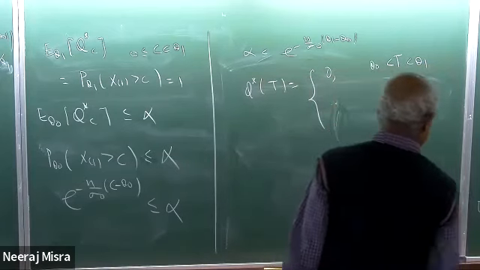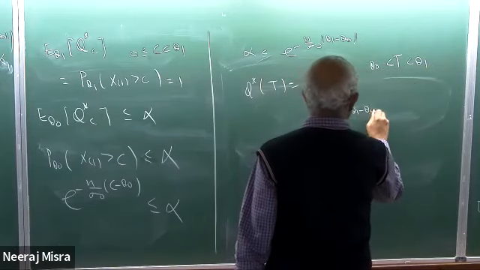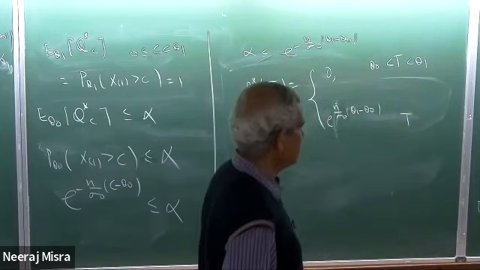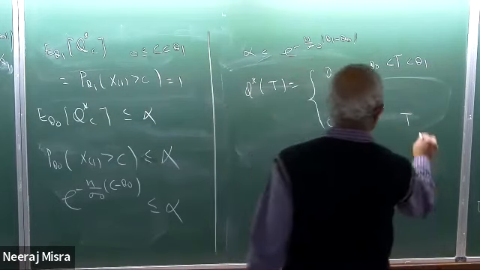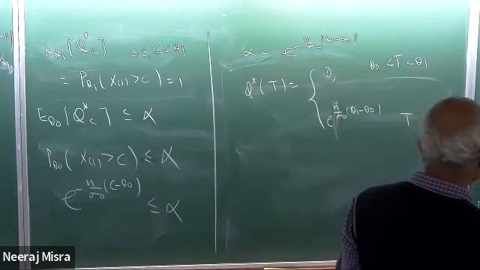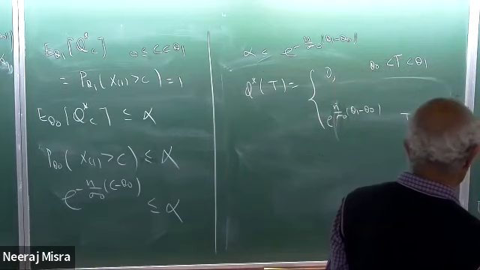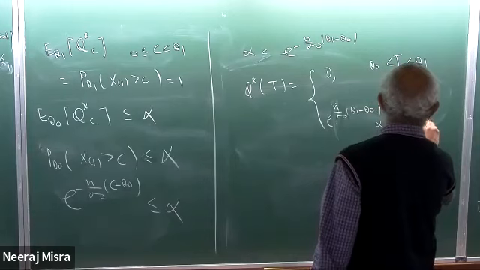I know what exactly this is: e to the power n by sigma naught times theta 1 minus theta naught, times alpha, if t is bigger than theta 1.